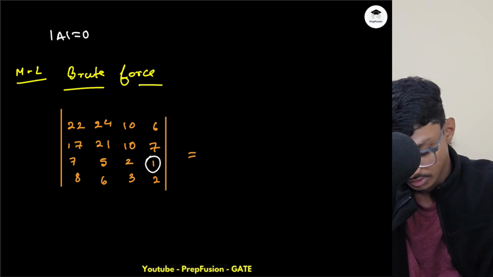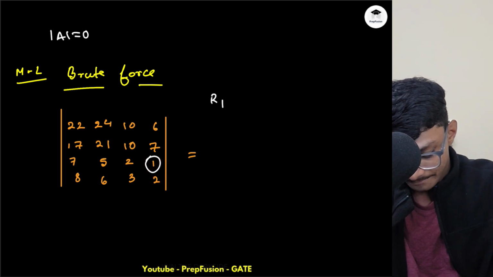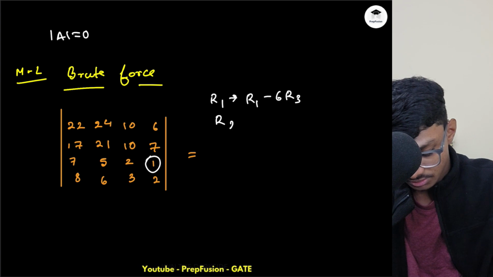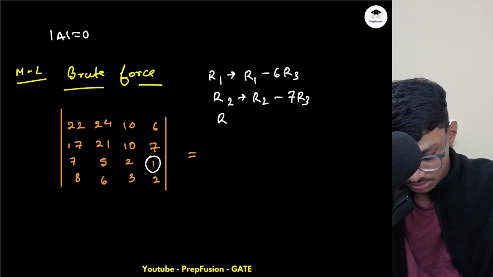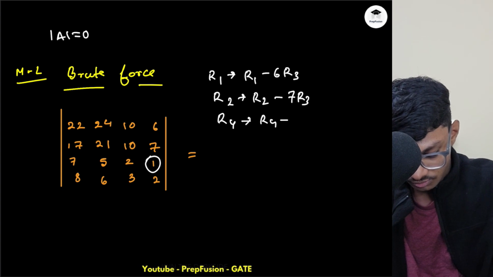So I will change row 1 to row 1 minus 6 row 3, row 2 to row 2 minus 7 row 3, and row 4 to row 4 minus 2 row 3.